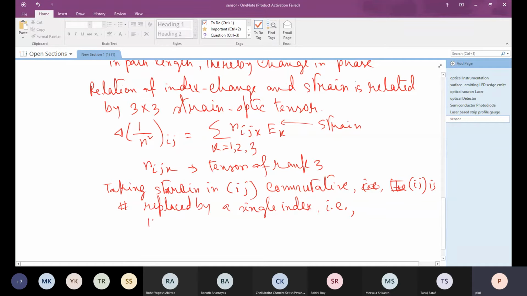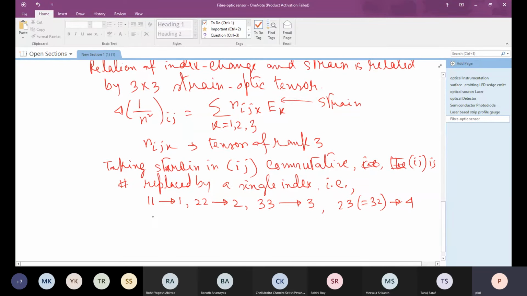That is, 1 is replaced by 1, 2 by 2, 3 by 3, 2 3 and 3 2 replaced by 4, 1 3 equal to 3 1 replaced by 5, 1 2 equal to 2 1 replaced by 6.